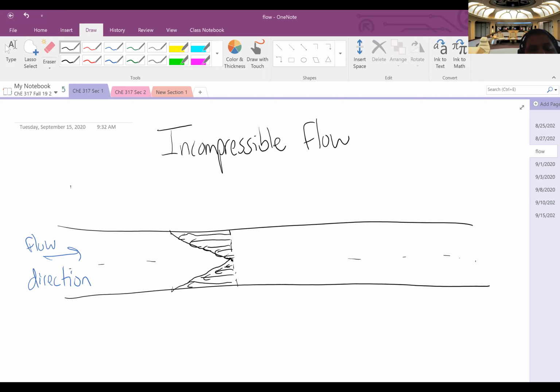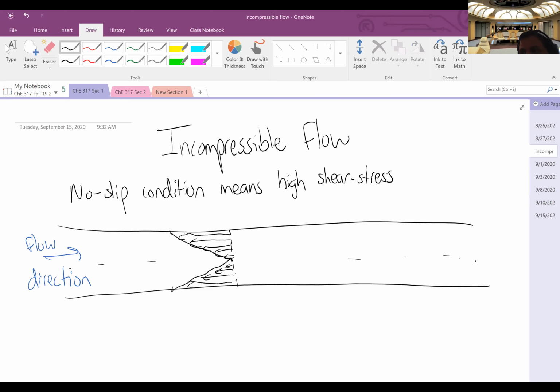Keeping in mind that we have the no slip condition, which means we see high shear stress at a fluid-solid interface.